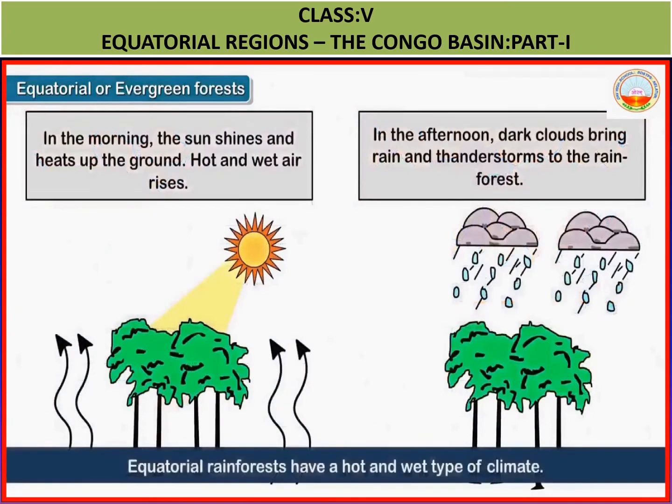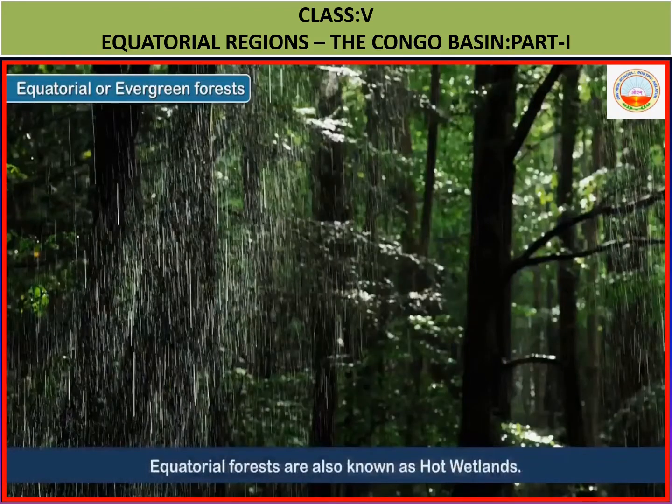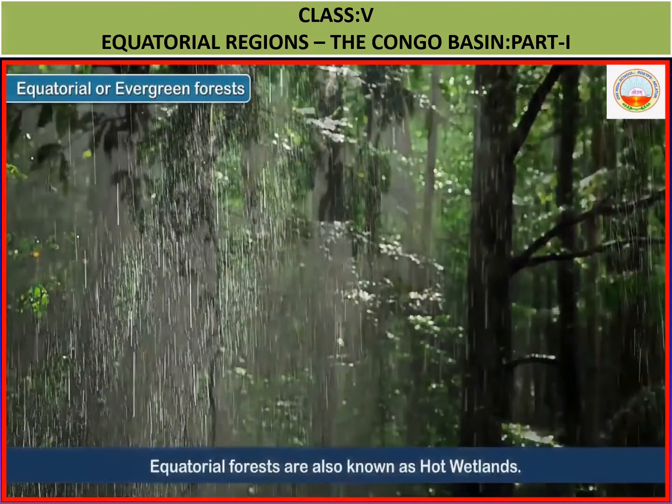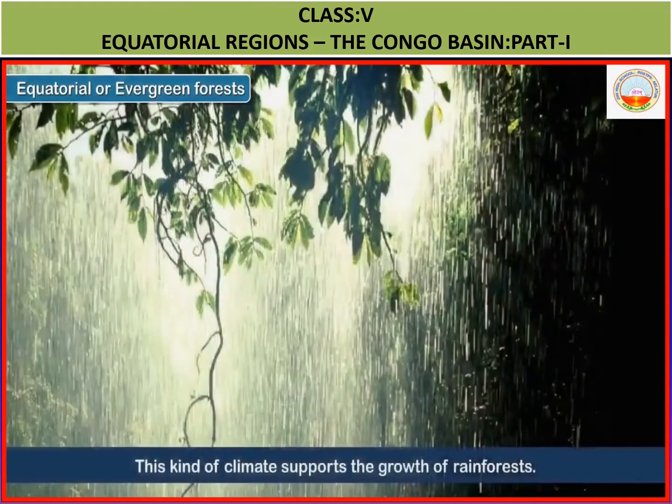These areas have a typically hot and wet type of climate, and thus it is also known as hot wet lands. This kind of climate supports the growth of rainforests.